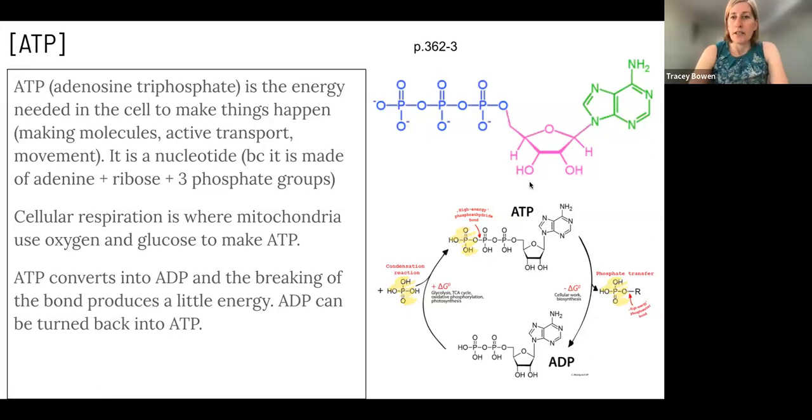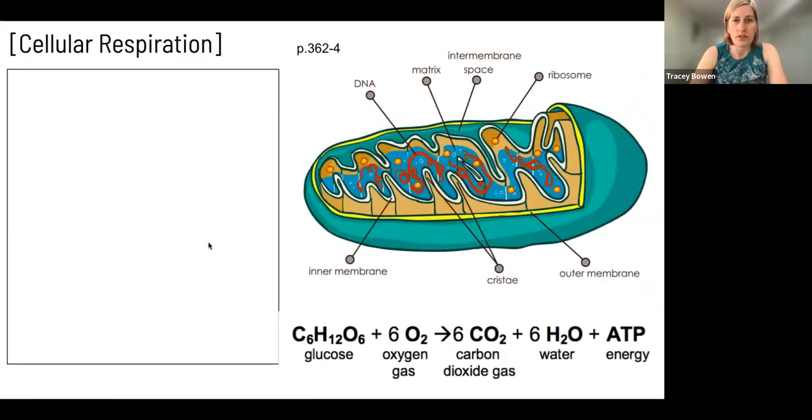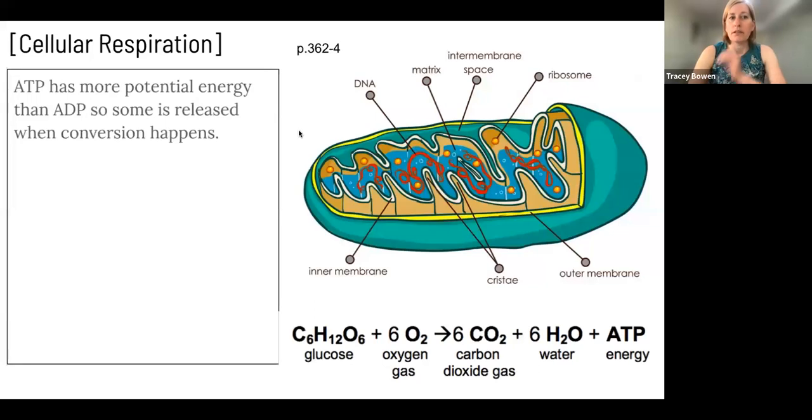And then ADP can be rephosphorylated back into ATP, and that's a cyclical reaction. ATP is soluble in water, but it cannot pass through the phospholipid bilayer, so that means it needs to be used inside the cell. So cellular respiration is occurring in mitochondria, and that's what's going to be generating this ATP.